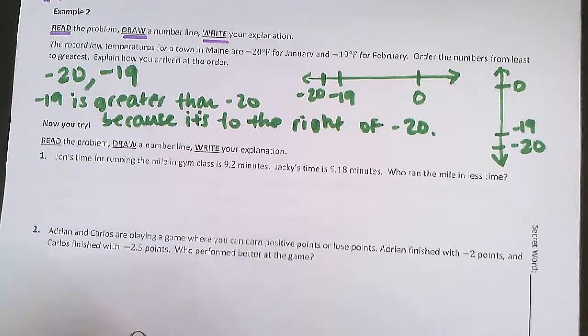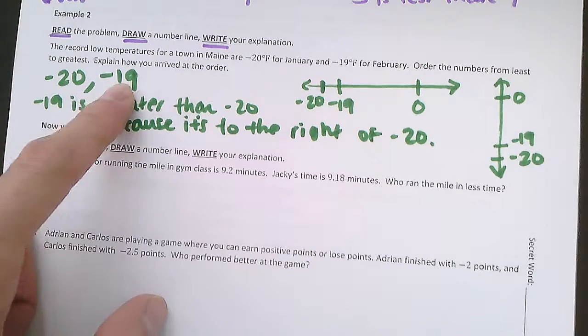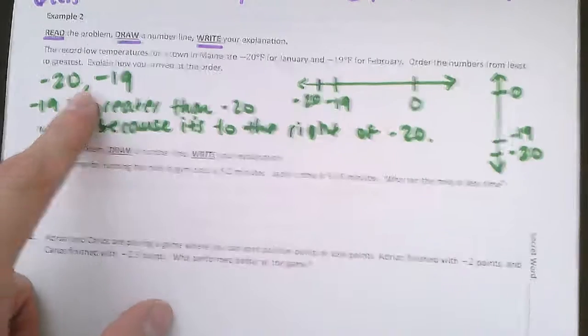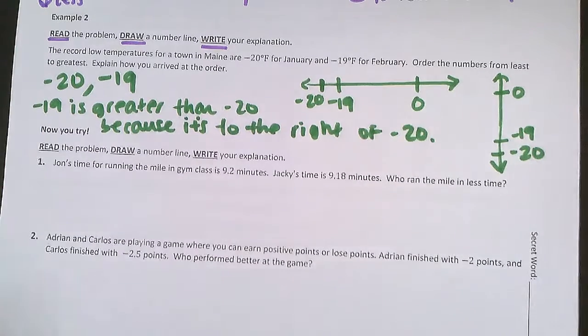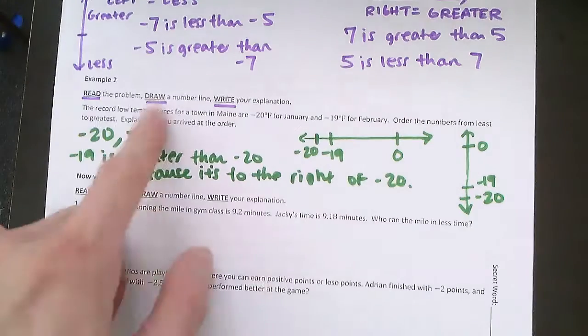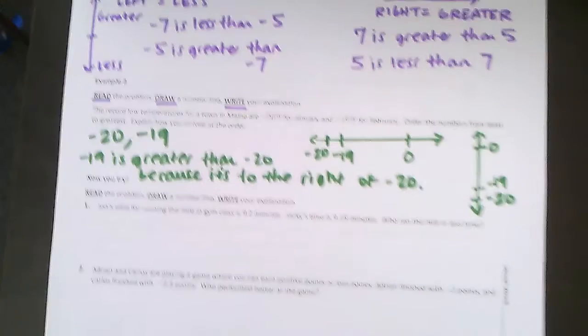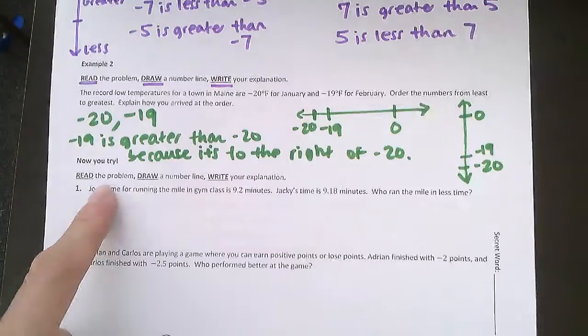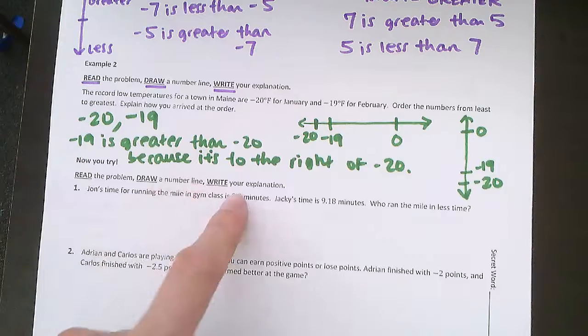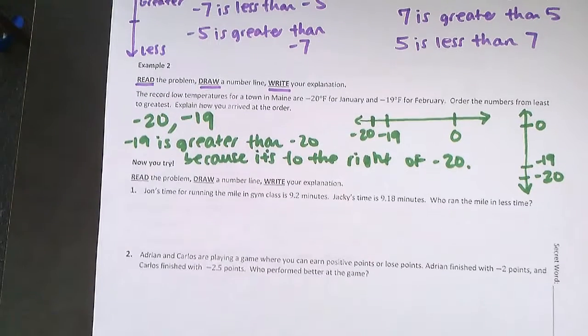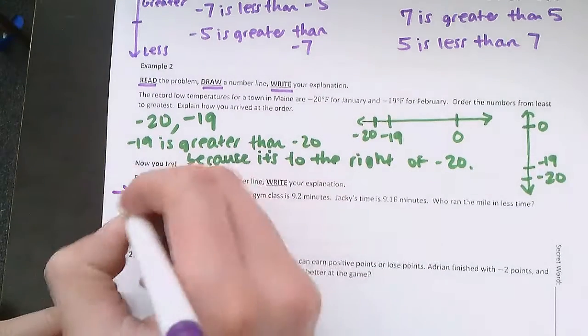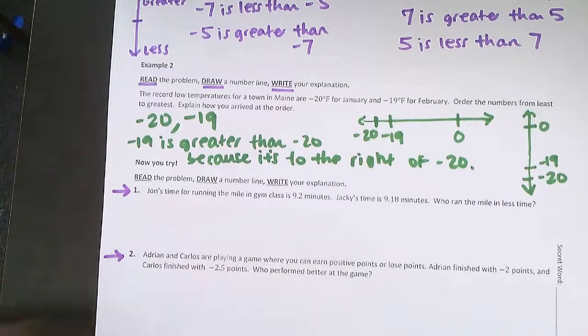Or I could have said negative 20 is less than negative 19 because it's to the left of negative 19. Okay, so we read, we drew, we wrote the explanation. You're going to follow those same 3 steps. Read the problem, draw a number line, and write your explanation for number 1 here and number 2 there.